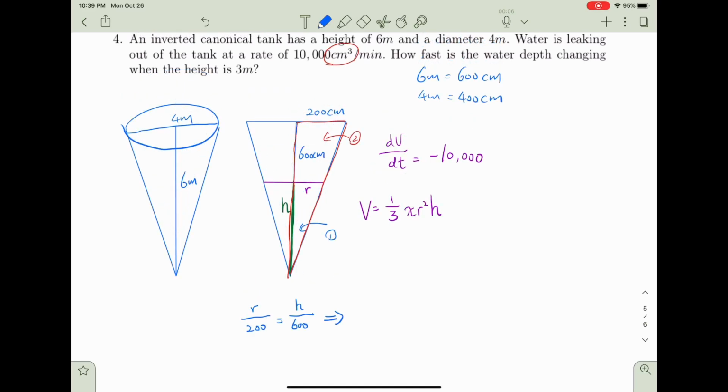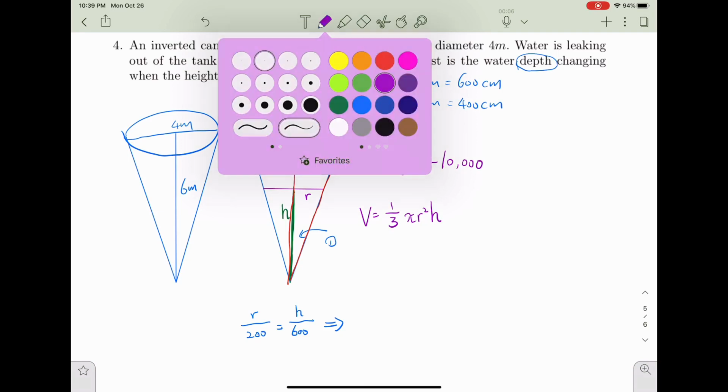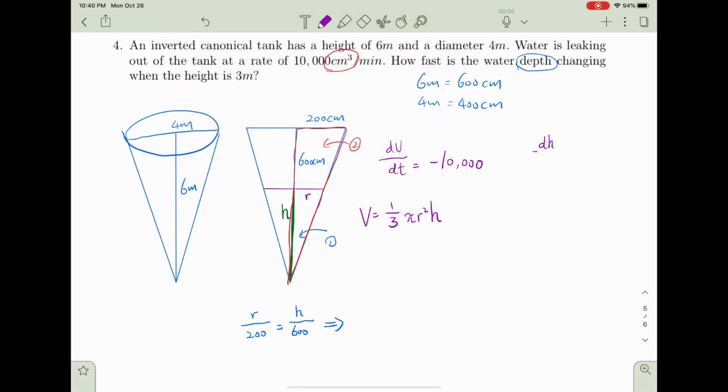But now, which variable should we eliminate? Should we eliminate h or should we eliminate r? Notice that the question is asking us for the rate of change of the depth, that means we are looking for dh over dt.